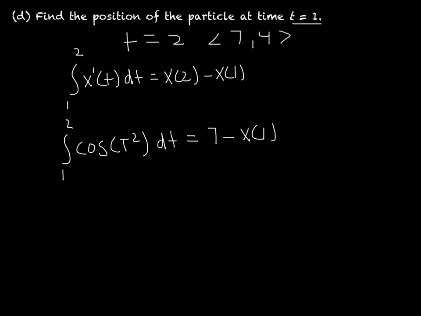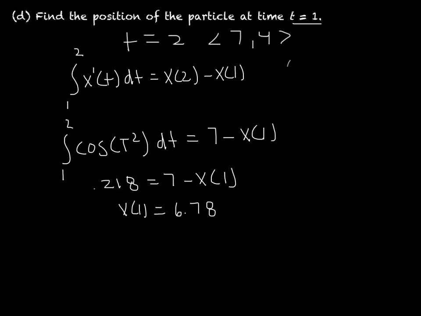When you integrate on your calculator in radian mode from 1 to 2 cosine of t squared, you're going to get 0.218 equals 7 minus x of 1. Move some things around and you will get the x coordinate at time 1 to be 6.78.